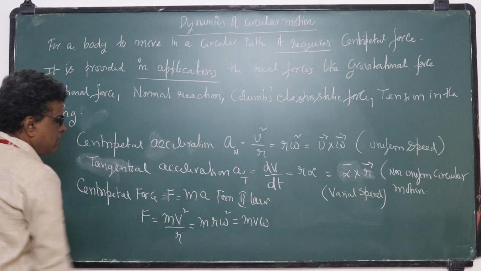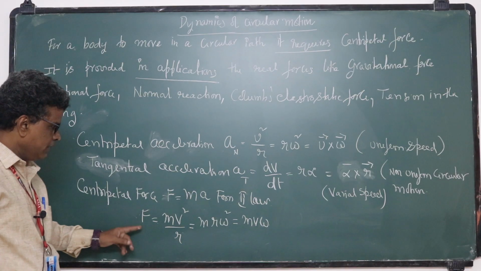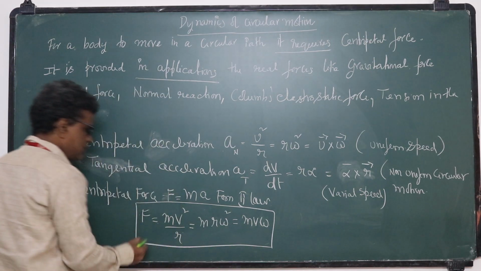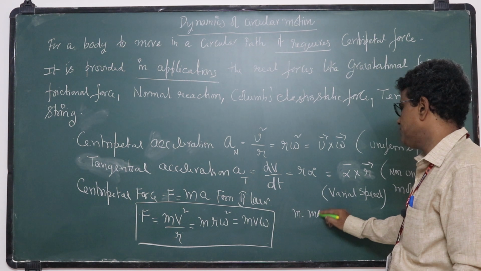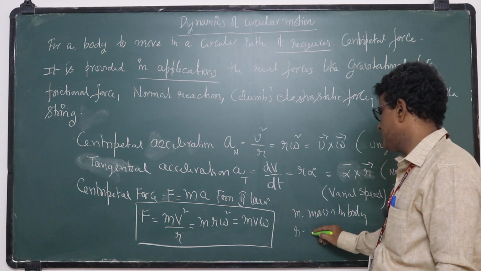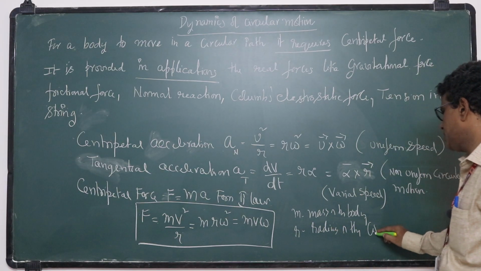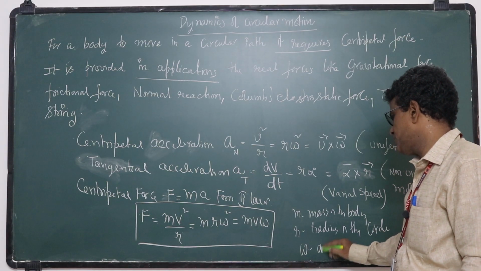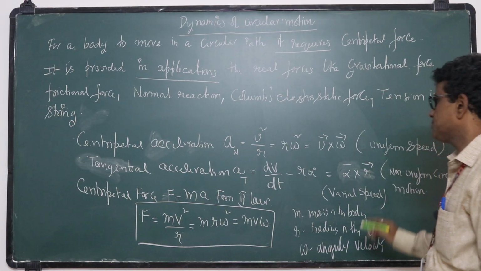So these are the formulas for centripetal force, where m is mass of the body, r is radius of the circular path, omega is angular velocity or speed.